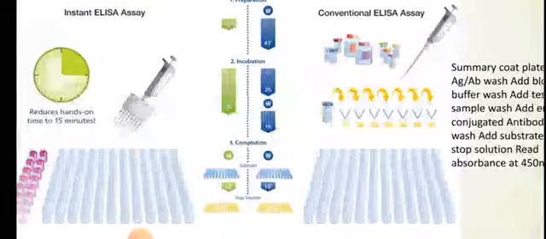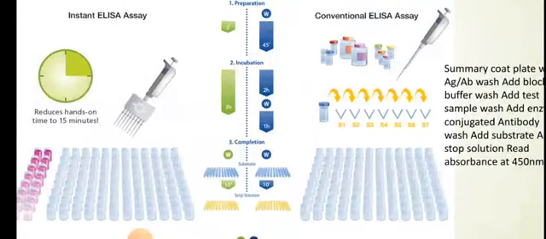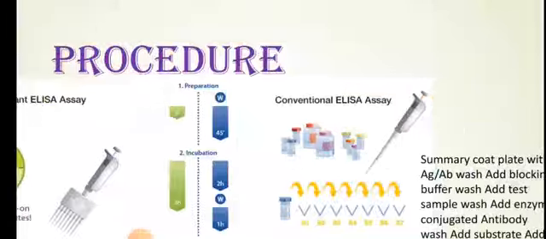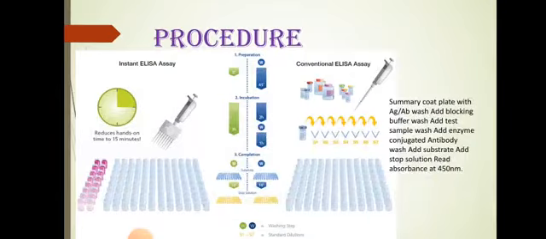The substrate is added at the set time. Then we do the washing step, and finally we get the colored reaction when the antigen-antibody complex is formed. And then finally we read the microtiter plate at 450 nanometer.